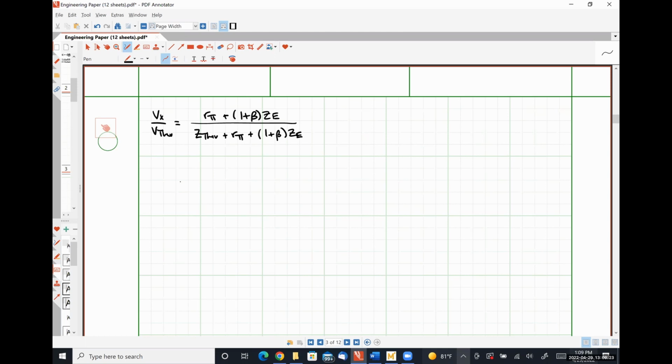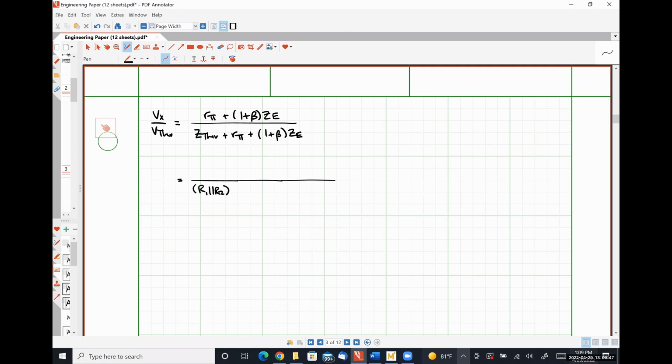What I get when I do that is the following. I'm going to start with my denominator first because it's much larger than my numerator, and I mean that with respect to how much space it takes on the page.